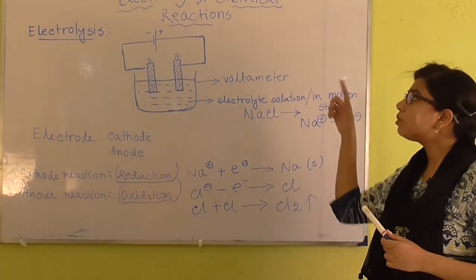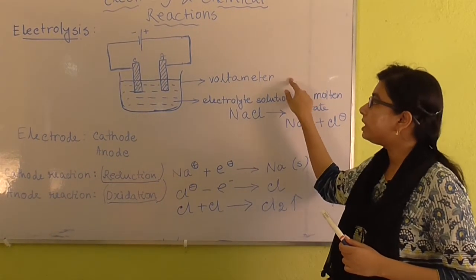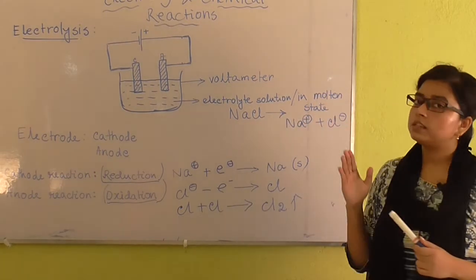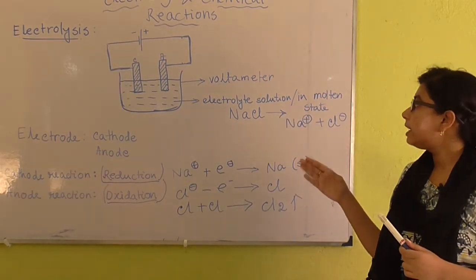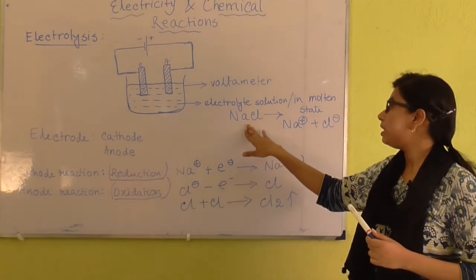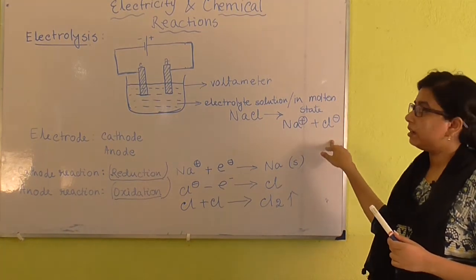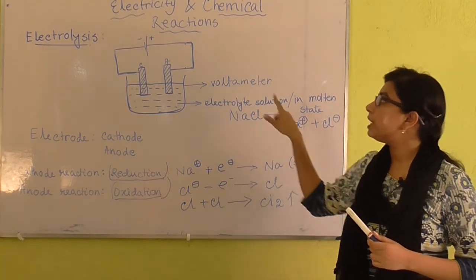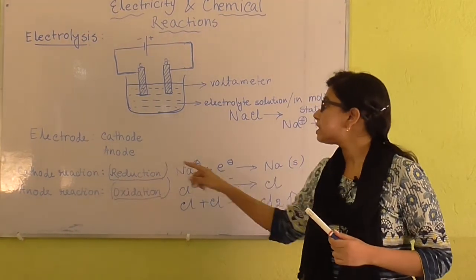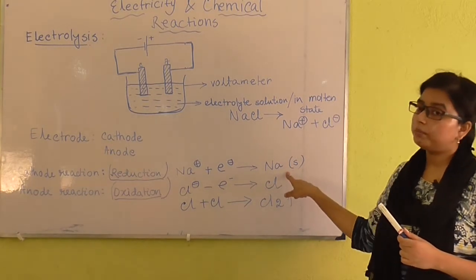So I am repeating the whole thing again. We need a voltameter where we have to take the electrolyte solution, which will be in solution state or in molten state. If we consider sodium chloride solution as our example, it will produce sodium ion and chloride ion, and this sodium ion will go towards the cathode, and going towards the cathode it will accept one electron and produce sodium metal.